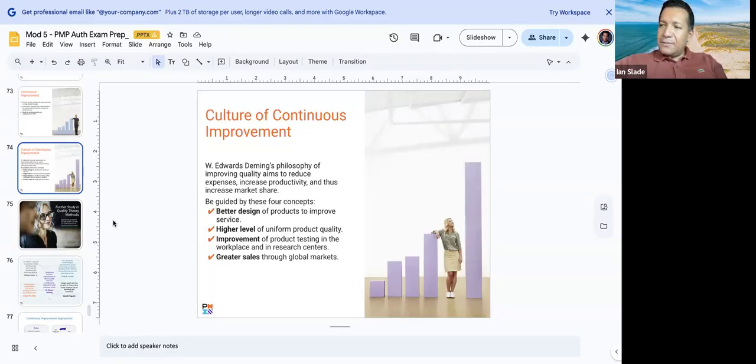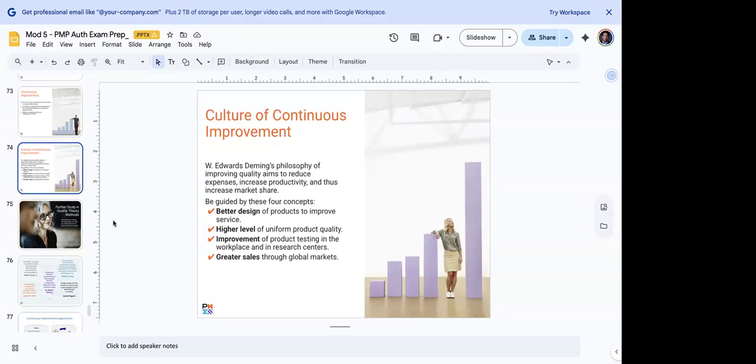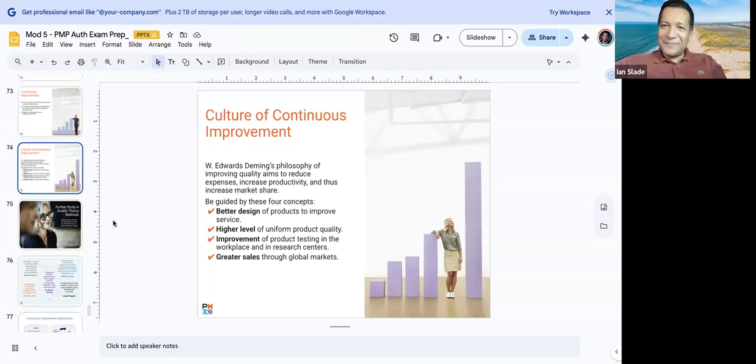Has anyone been to this restaurant called Din Tai Fung? It's Taiwanese. Chris, you've been to Din Tai Fung? Yeah, love me some soup dumplings. So I read this story. Did you know that in the United States, it is the fastest growing restaurant chain?